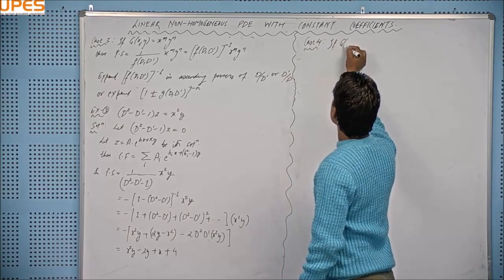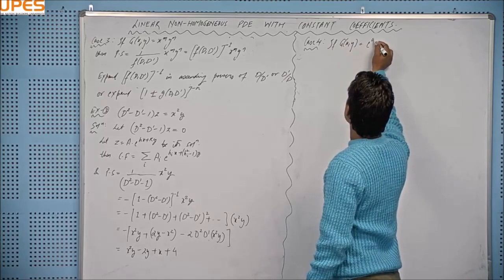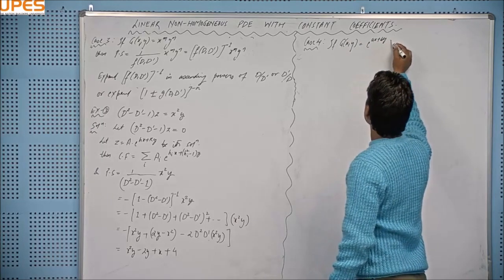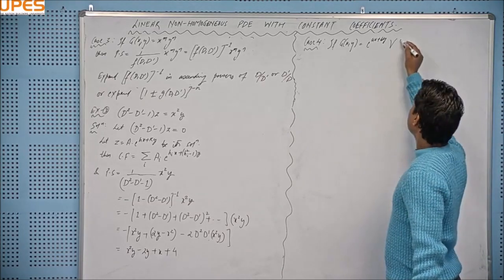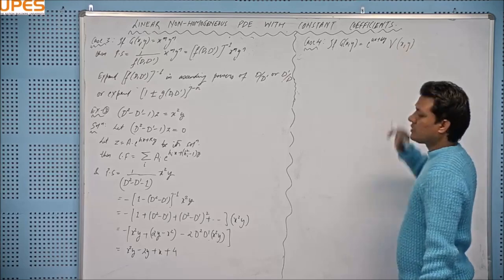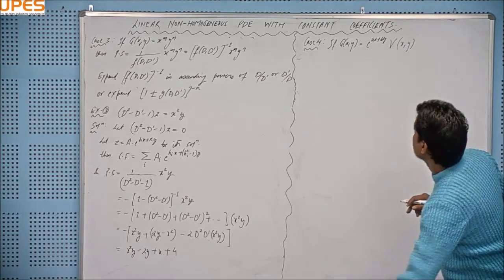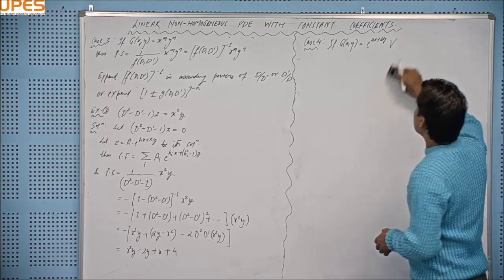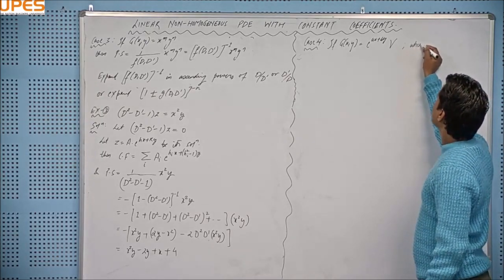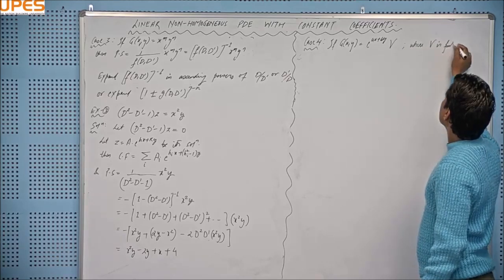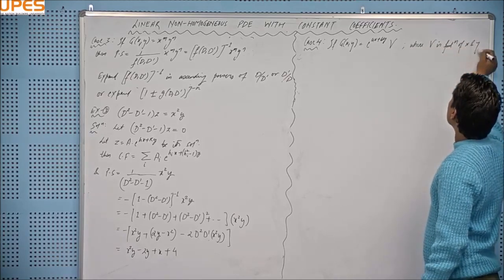If the right hand side g(x, y) is of this nature, e to the power ax plus by multiplied by some v, where v is some function of x and y. This is a function of x and y, but I am not writing it because that is fine.